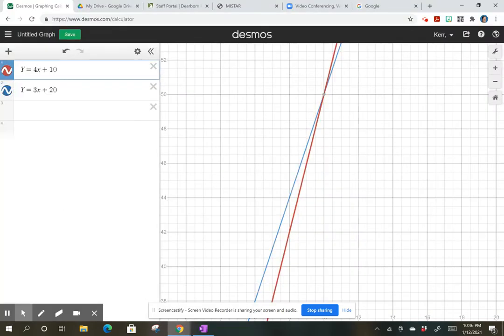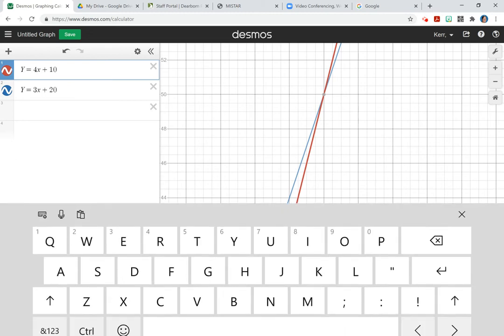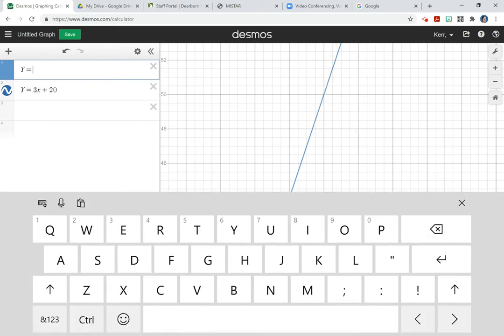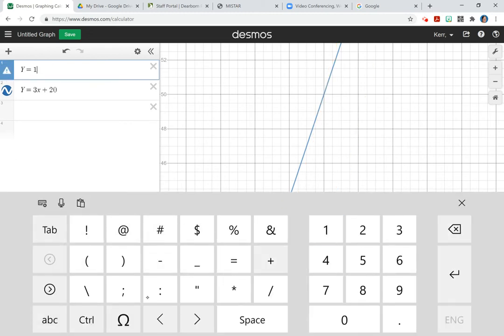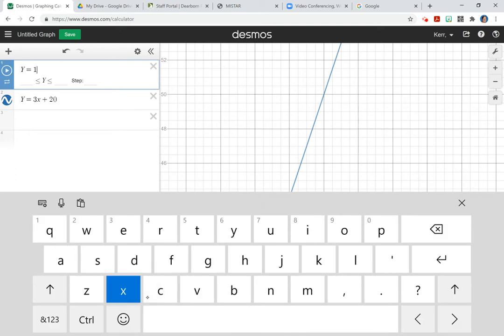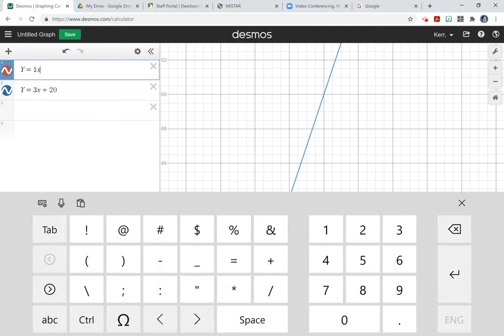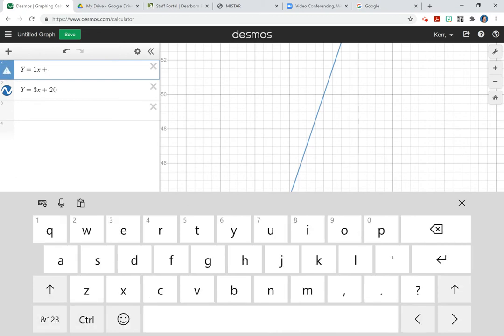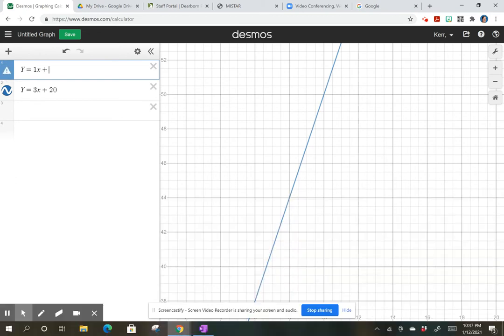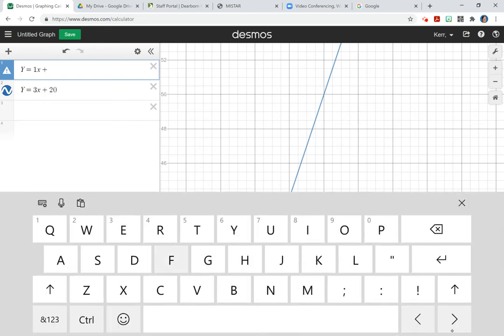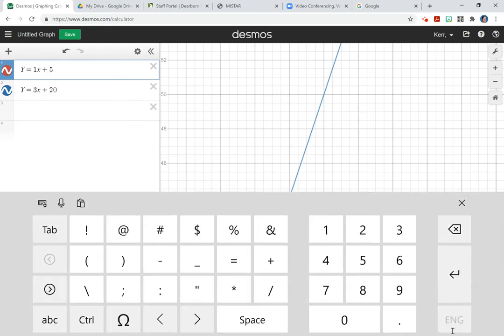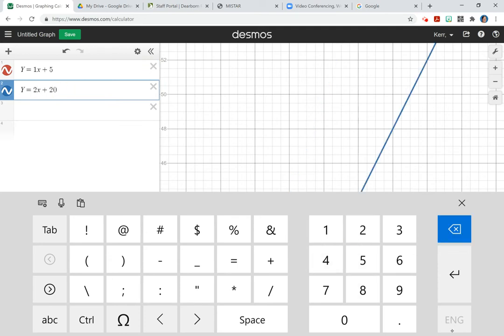So we want 1x plus 5 and then 2x plus 3.